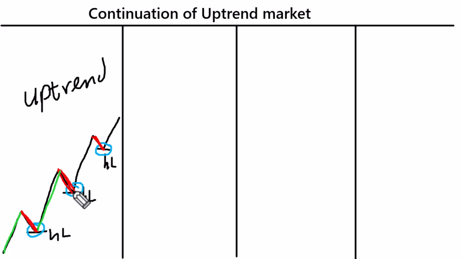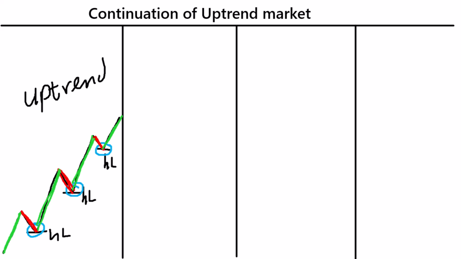Impulsive swing, impulsive swing, impulsive swing. Impulsive swings are the green swings. You can see that. Now, as the market keeps going up, the impulsive swing will be longer than the corrective swing. The corrective swing will be shorter and weak, and the continuation pattern will give the end of the corrective swing.